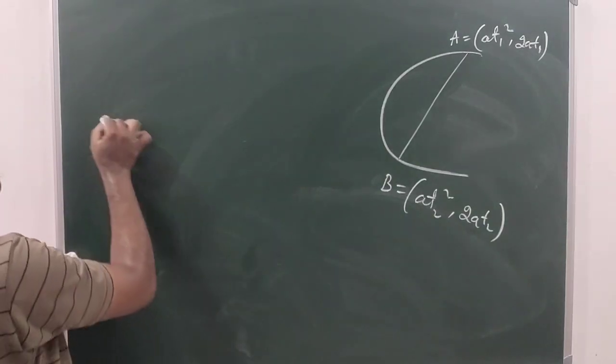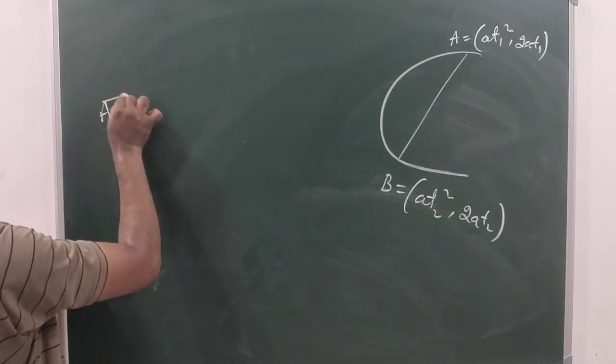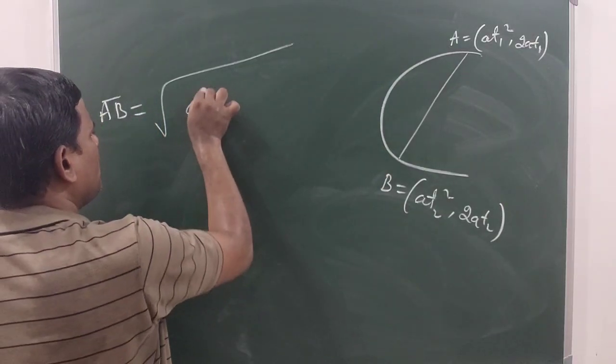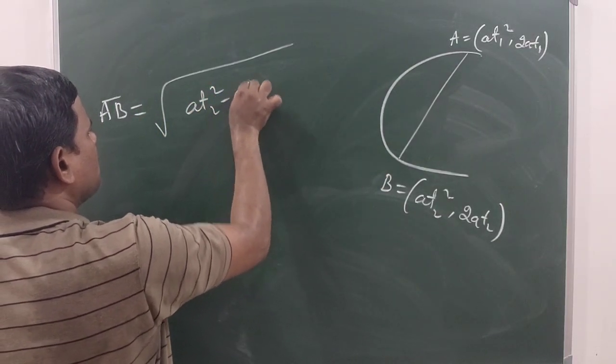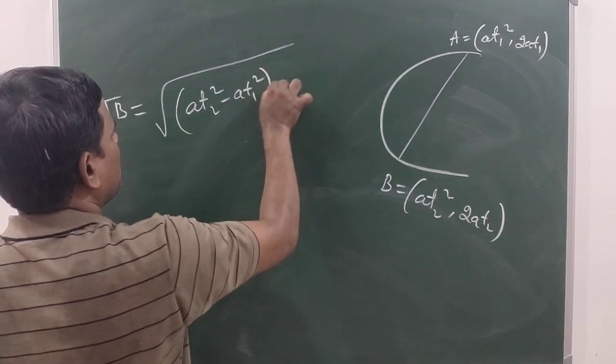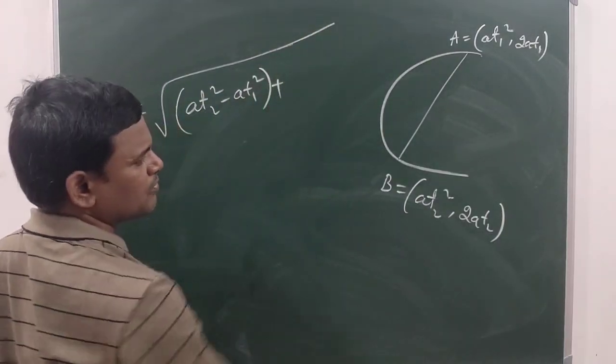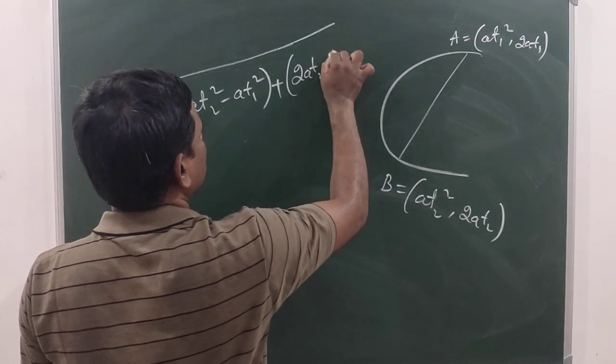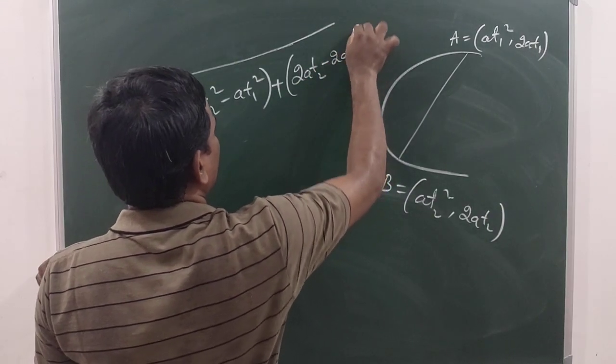So just apply the distance between the 2 points. So what do we get? The square root of (at2 square minus at1 square) whole square plus (2at2 minus 2at1) whole square.